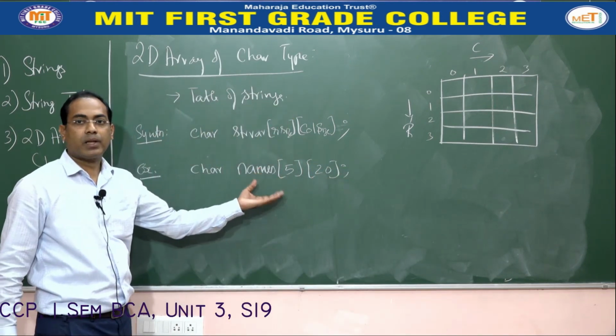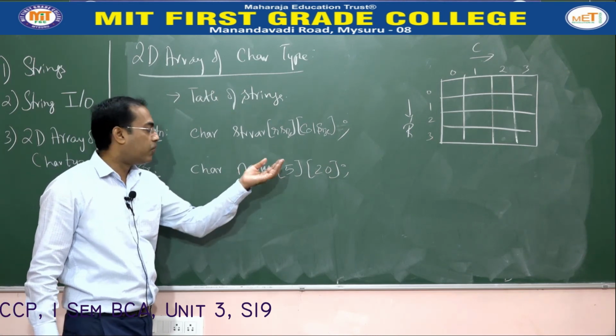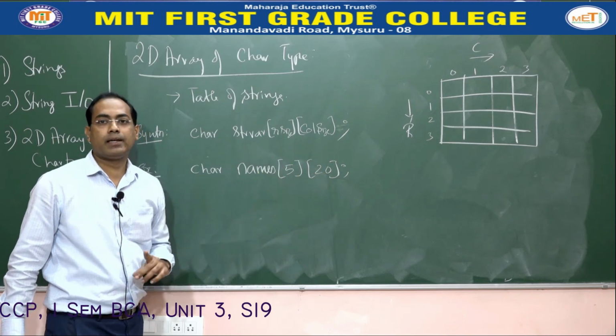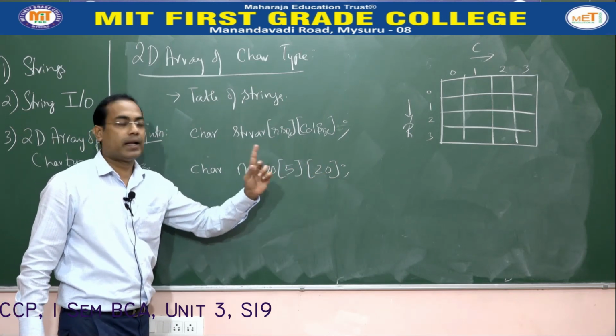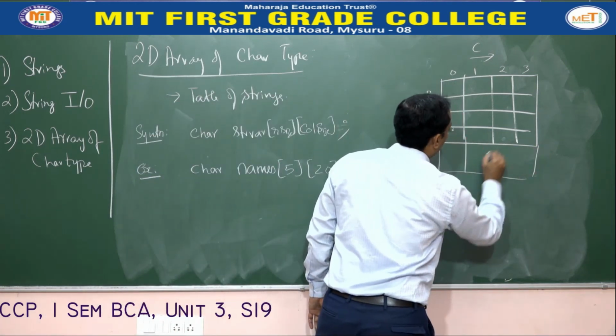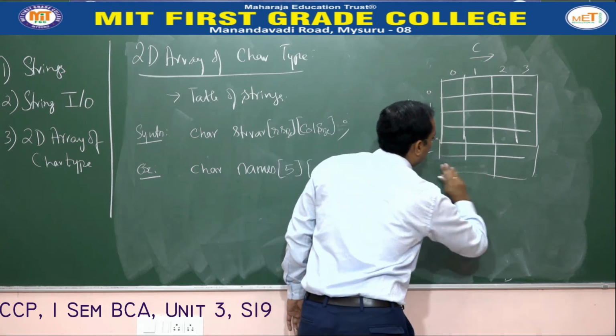What does it mean? Now this names accommodates 5 names, and each name can contain 20 characters.